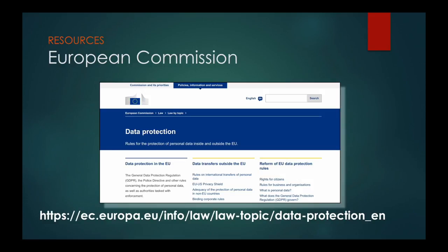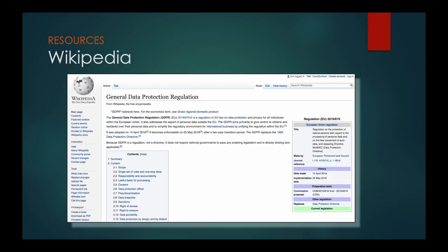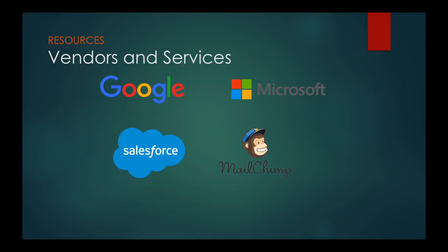The second one, believe it or not, is Wikipedia. Not only does its entry do a fine job of covering the law in common language, the references list at the bottom of the page is a real treasure trove of more than 50 articles written about GDPR. Third, look to the services vendors you use.